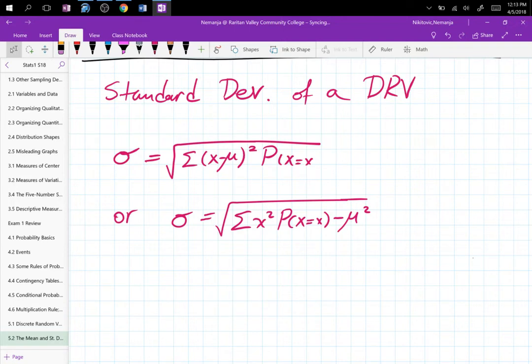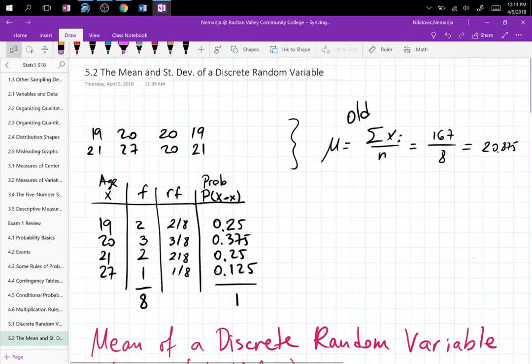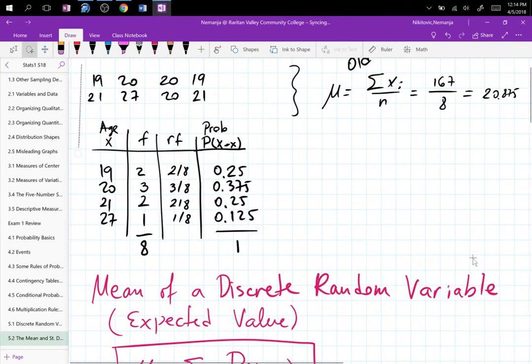So in the book they have a 7-line thing. I just want to go back to our age. Am I hearing a problem over there?